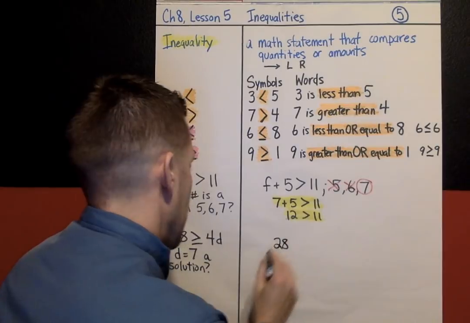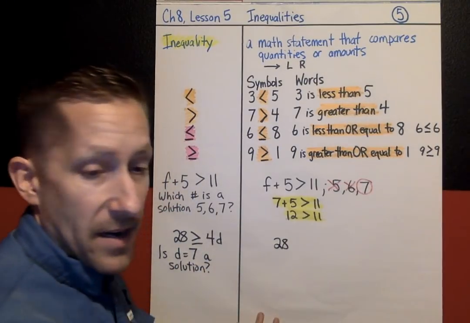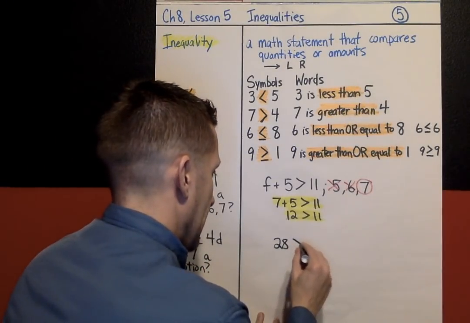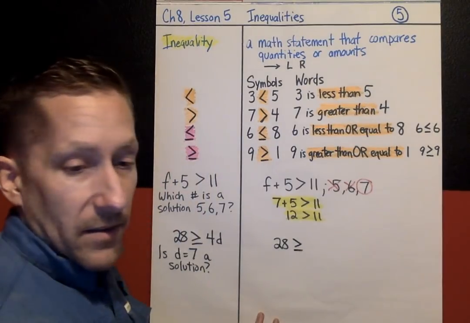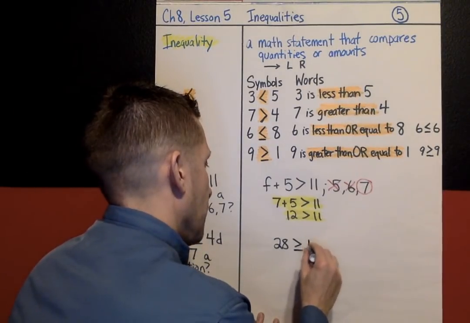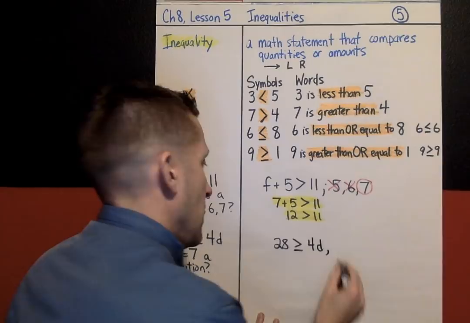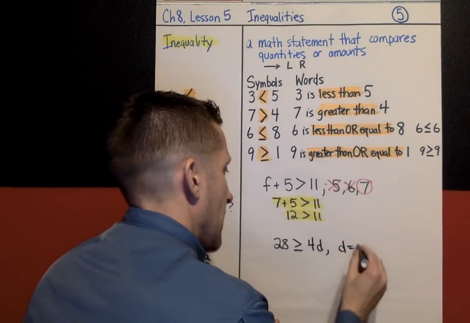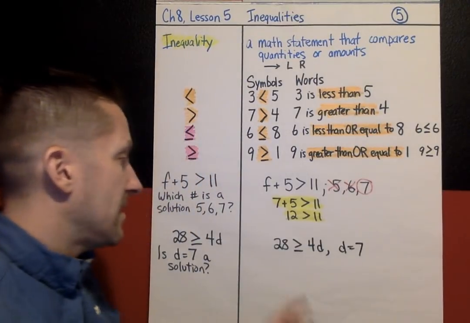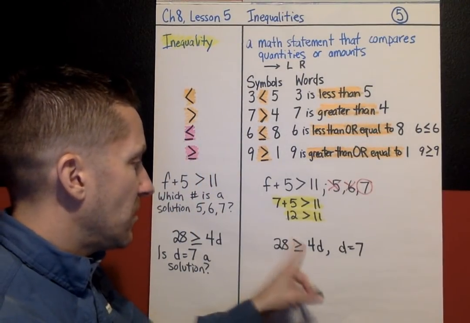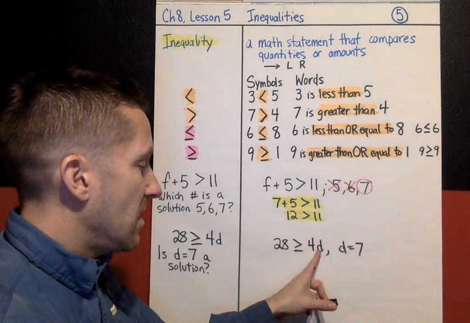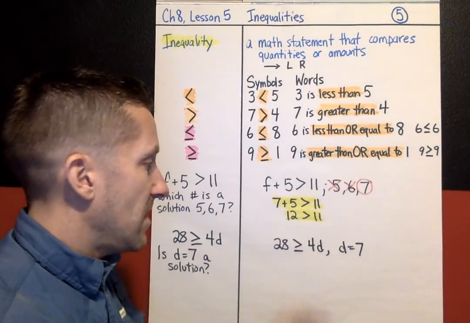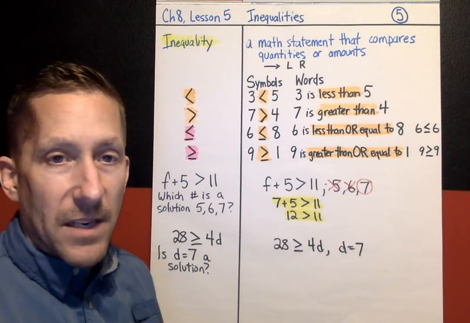In your book, it's not going to ask this solution part on every problem. It'll give you the inequality, and then after that, it will say the amount it's asking you. Is D equal to 7 a solution for that inequality?